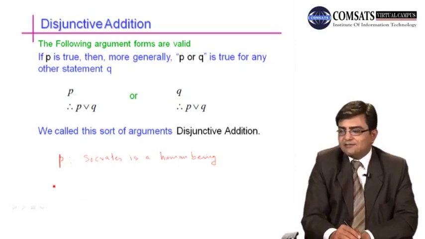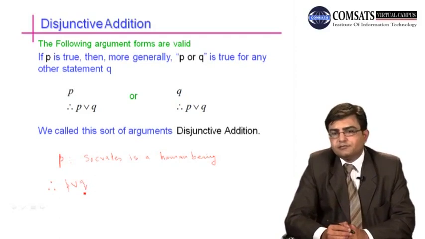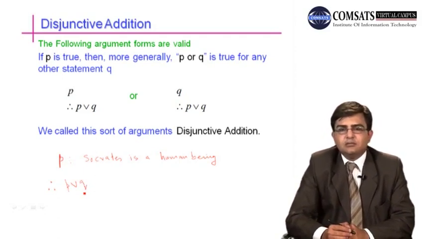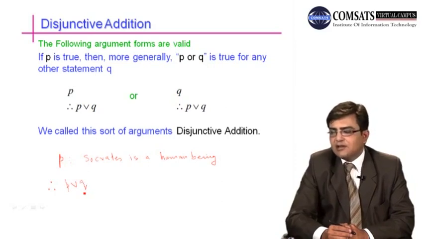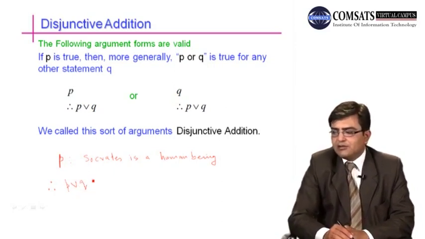We can add by ourselves. If P is true, we can write P or Q. If P is true, then P or Q must also be true, because there is a disjunction between P or Q. No matter what the truth value of Q, the conclusion as a whole will be true.